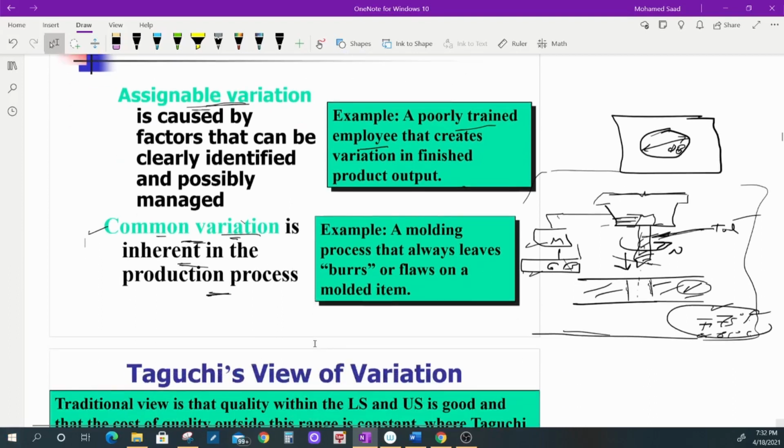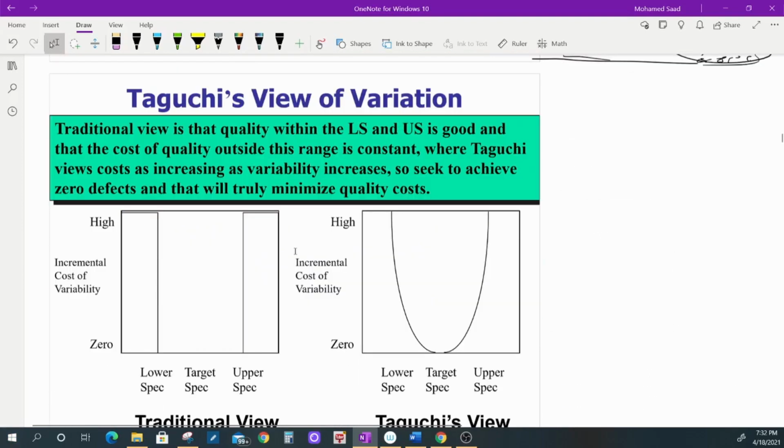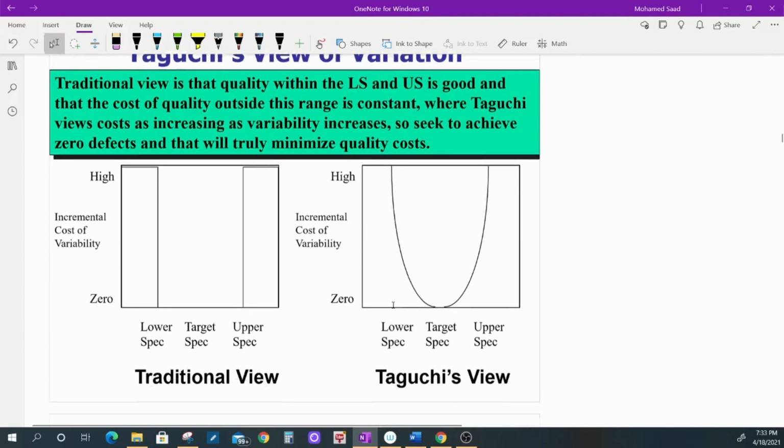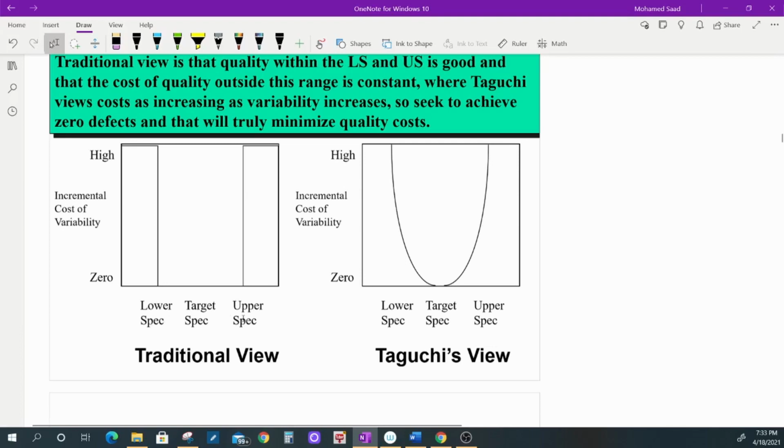If we talk about cost, and if you talk about history a little bit, there is a famous guy in the quality world called Taguchi. He was saying, we are trying to reach upper and lower specifications. There is a target value. The traditional view, if I'm talking about a diameter of 5 plus or minus 0.1, is that the 5 will be here, 5.1 here, and 4.9 here, right?